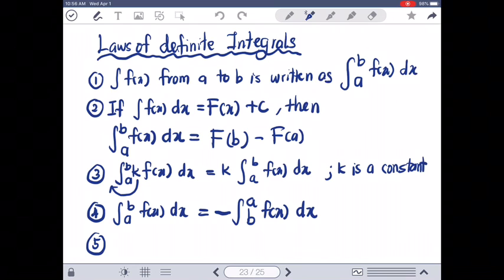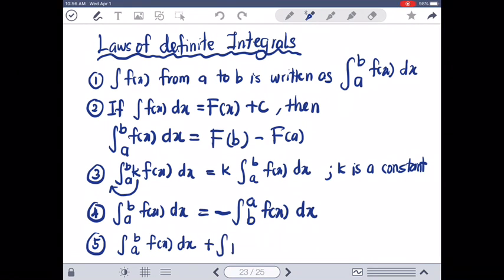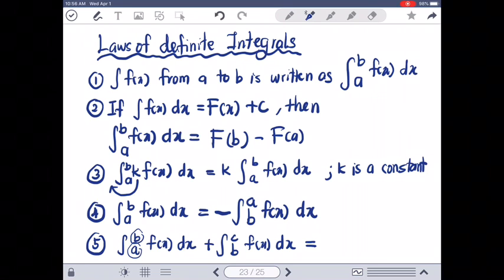And the last one, integration from a to b of the function f of x with respect to x plus integration from b to c of a function f of x with respect to x is just equal to, if you notice, a to b, then b to c, we can cancel b and b.